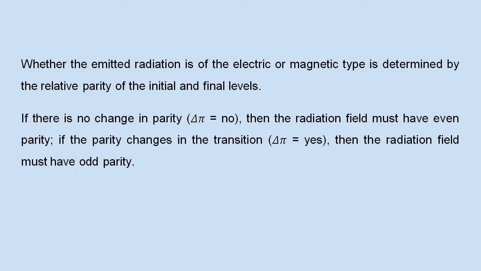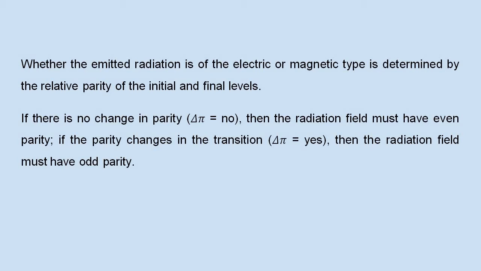Whether the emitted radiation is of the electric or magnetic type is determined by the relative parity of the initial and final levels. If there is no change in parity, that means delta pi is equal to no, which means pi I equals pi F, and otherwise pi I can be minus pi F. You are writing parity as minus 1 raised to L. That we have already discussed.